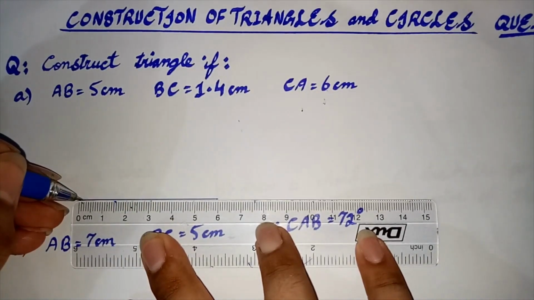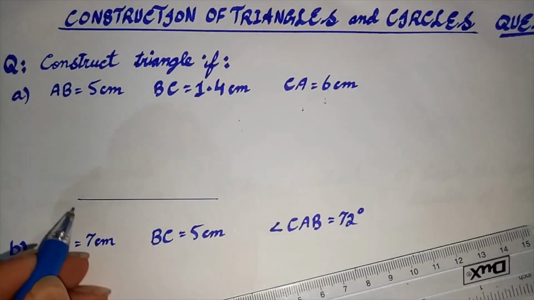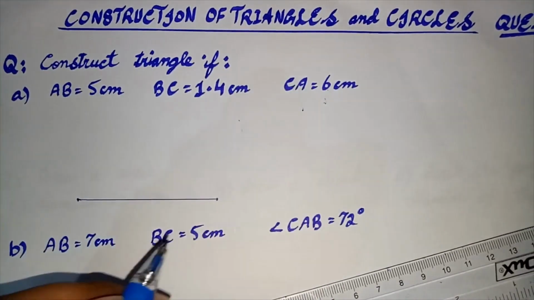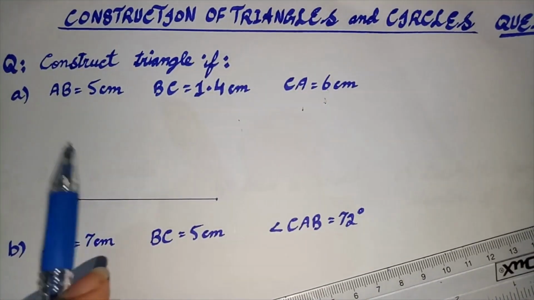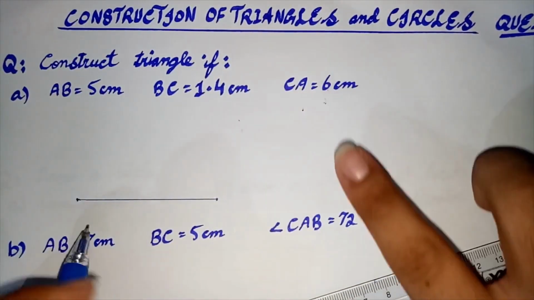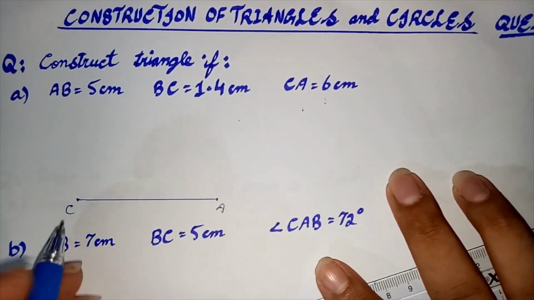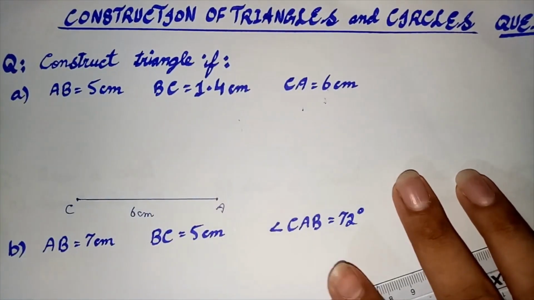Now we have drawn a side of 6 centimeters. We have to name this side: it is CA, or we can say AC, equal to 6 centimeters.